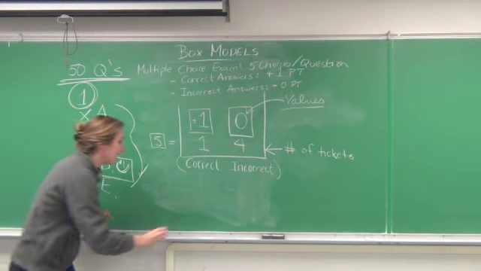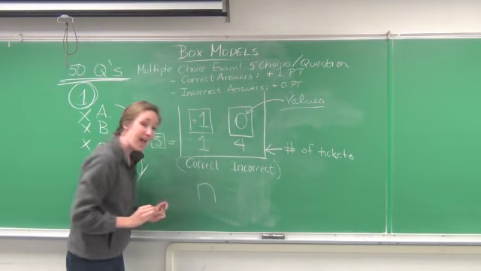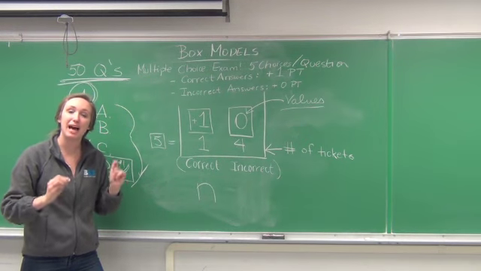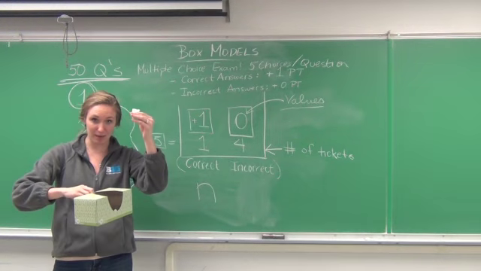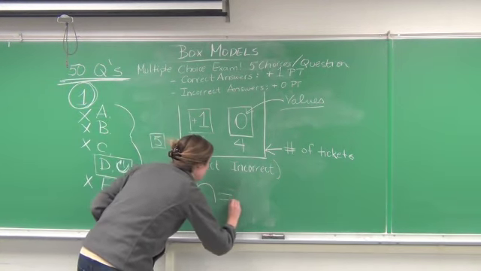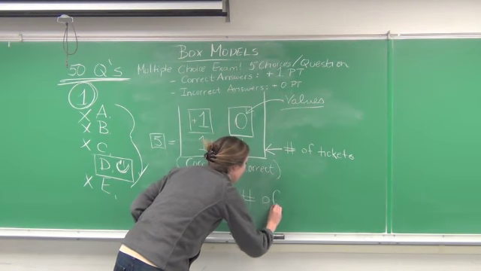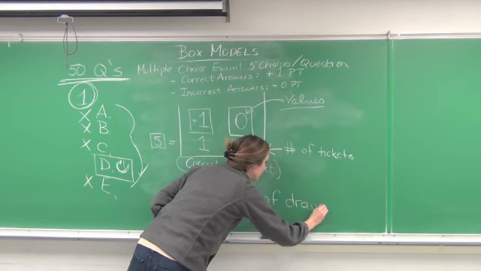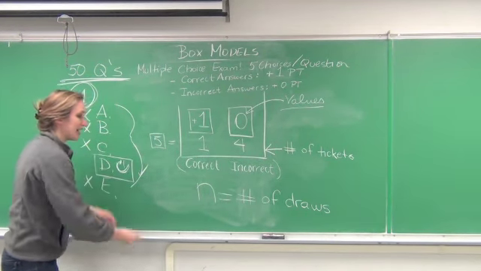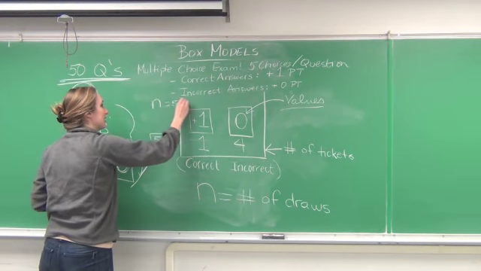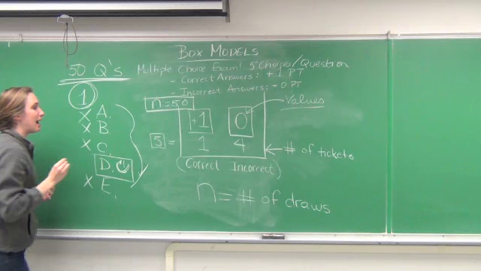What changes is n, and n denotes how many times we pull from the box, how many times I grab a ticket from it. So we're going to say n is equal to the number of draws. In this case, I would have this box, and I might say n is 50 from this box.